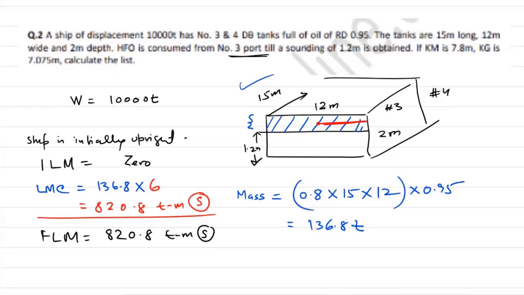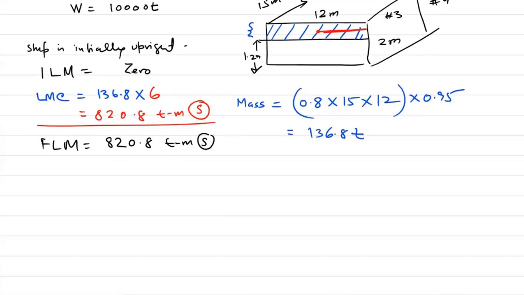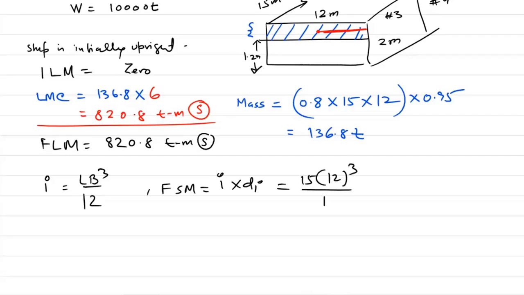Next step, let's find out the initial I. I is LB cube by 12, right? Free surface moment is I into DI. After writing the formula, L is 15. This is 12 cube divided by 12 into 0.95.